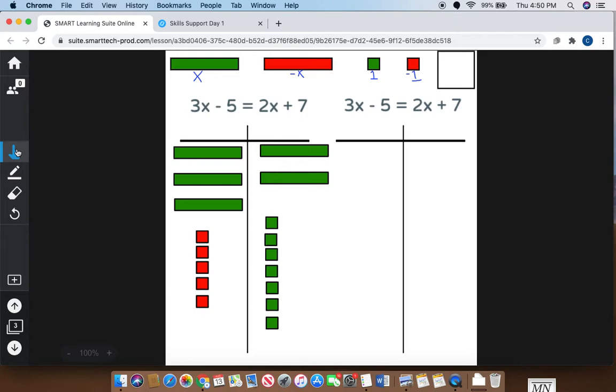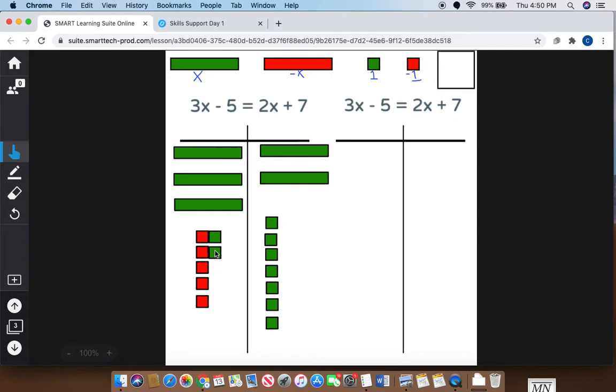First, you want to undo any addition or subtraction. So first we want to get rid of the numbers that are by themselves. So here to undo -5, I need to add 5. The opposite of subtraction, or a negative number, is addition, or a positive number.